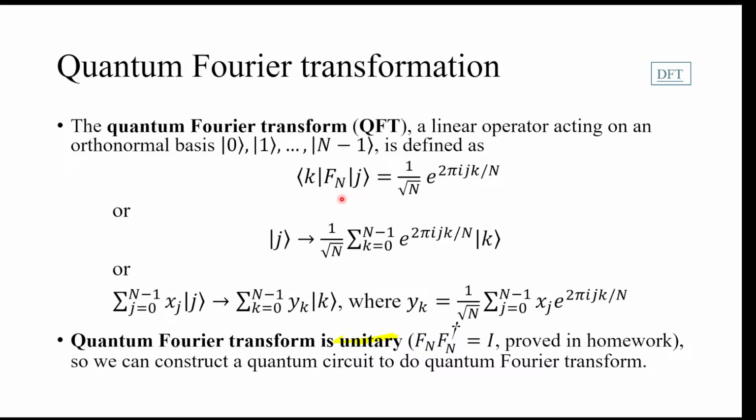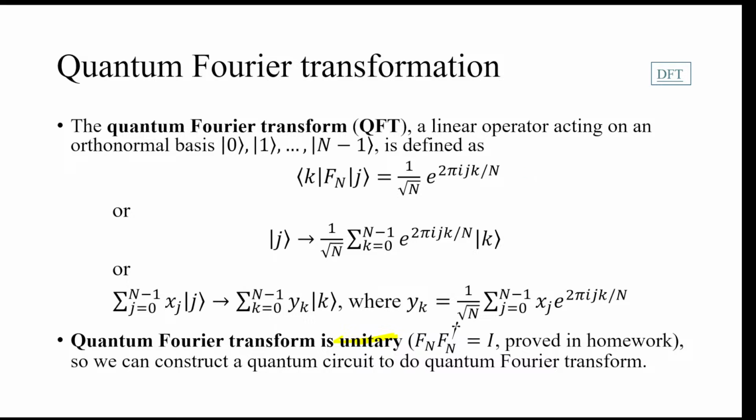So now this is the quantum Fourier transform, basically the discrete Fourier transform, but we just think of this matrix as a unitary operator acting on some n-dimensional Hilbert space. We have the matrix element just like before, 1 over square root n e to the 2 pi i jk divided by n.